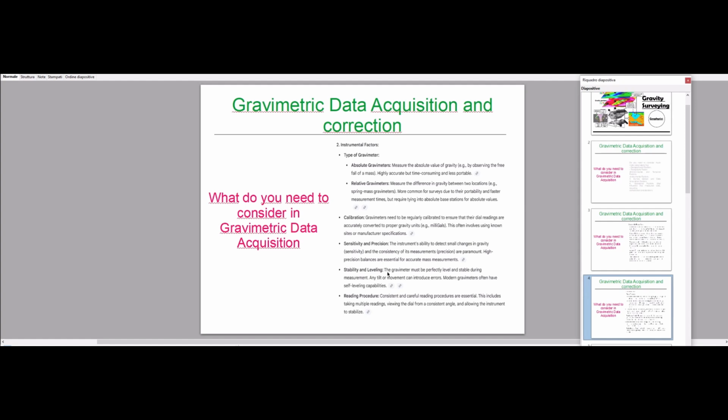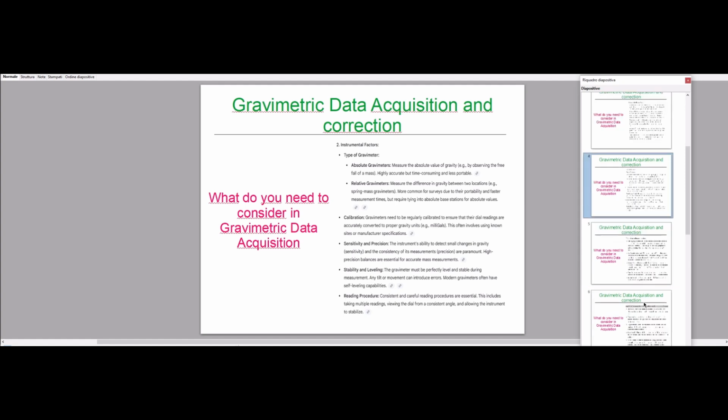Stability and leveling: the gravimeters must be perfectly level or stable during measurement, and any tilt or movement can introduce error like drift, or in leveling we have a change in dip and slope. We also have the reading procedure, and careful reading procedure is essential, and so this is a human reading.